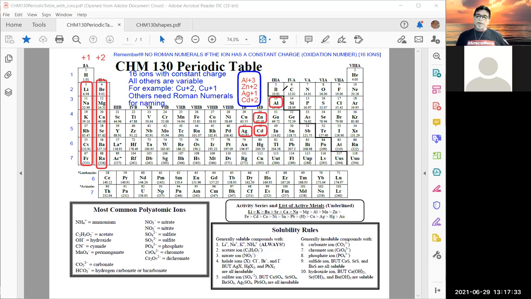Remember, on the stair step are the metalloids, which means they have metal properties and non-metal properties. Boron and the molecules it makes are a whole science that could be a class unto itself. Very interesting element, I should say, and it makes some very interesting compounds.